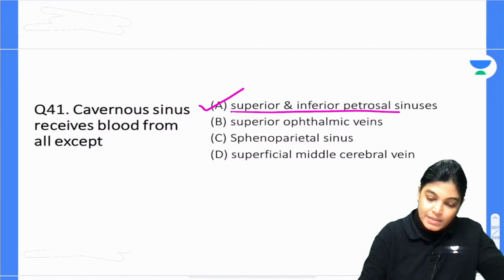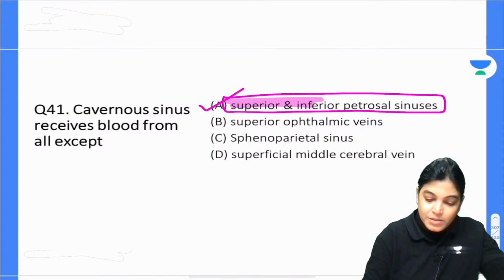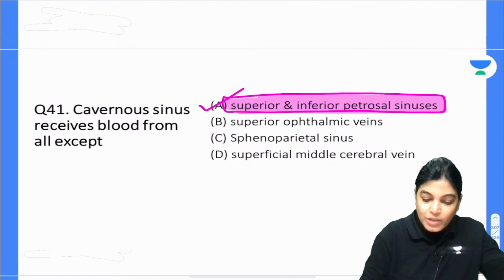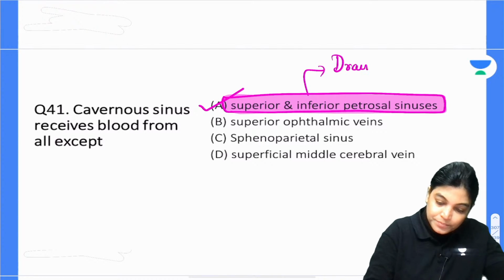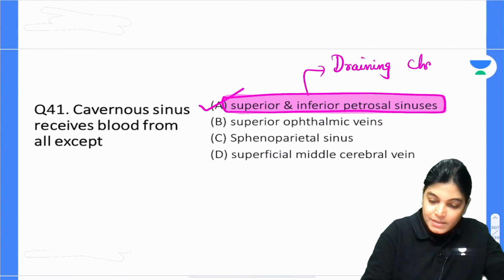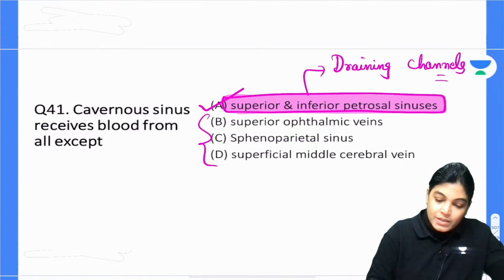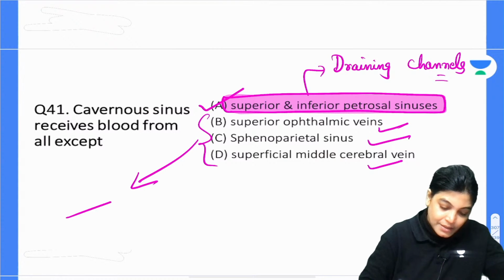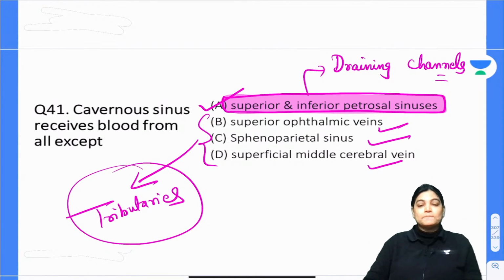The reason is that superior and inferior petrosal sinuses are draining channels of cavernous sinus, and they are important for forming its communications. The rest, superior ophthalmic vein, sphenoparietal sinus and superficial middle cerebral veins, are direct tributaries of cavernous sinus. So we'll go with A as the correct answer.